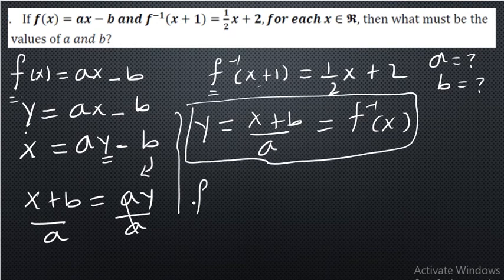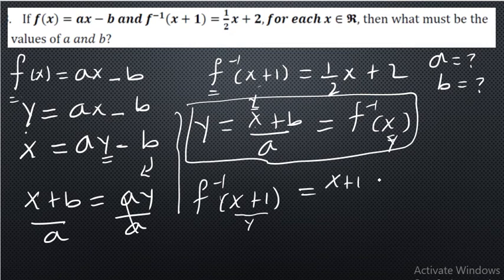So what will be f inverse of x plus 1? If this is x, this is going to be x. If this is y, this will be y. So consider this one like y. That means substitute the whole x plus 1 in place of x. So it's going to be x plus 1 plus b, the whole over a.